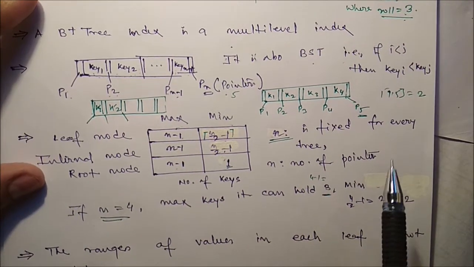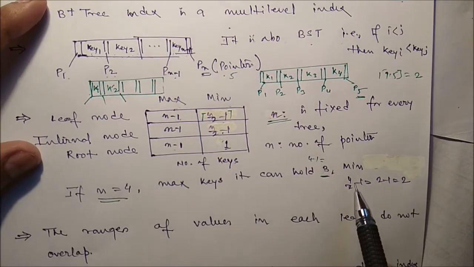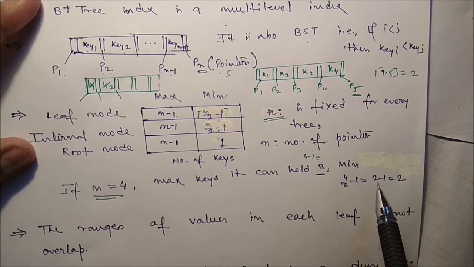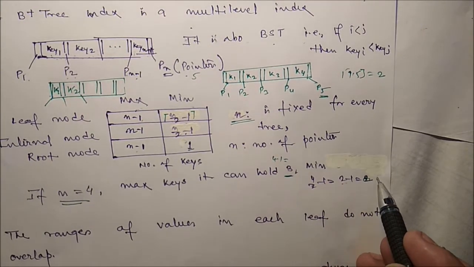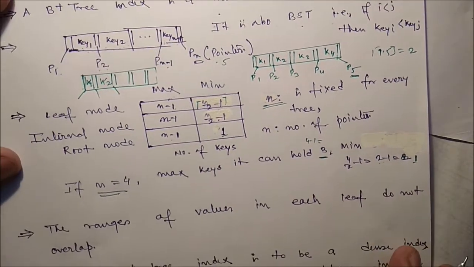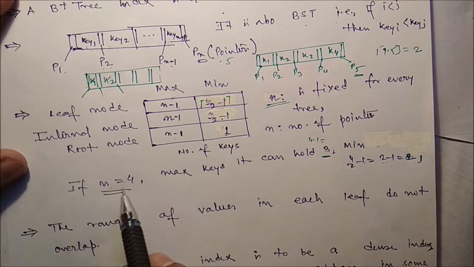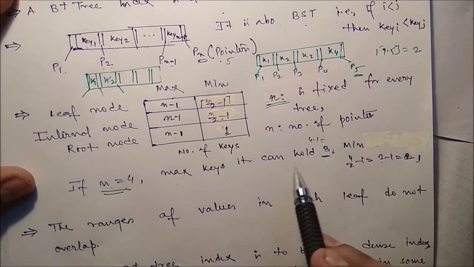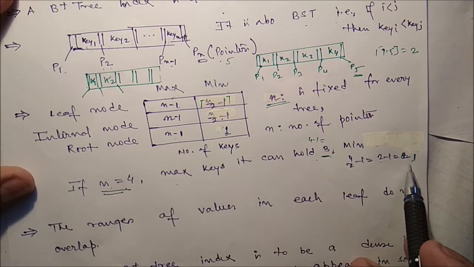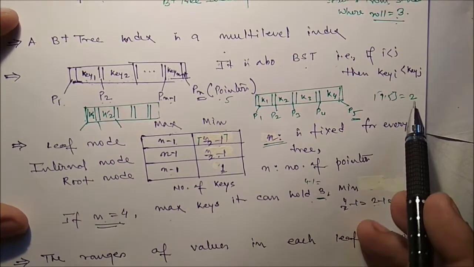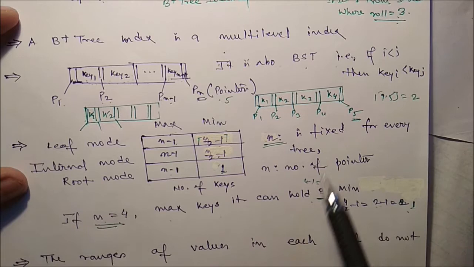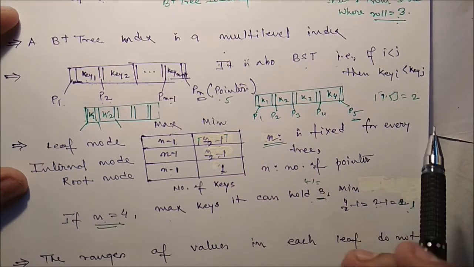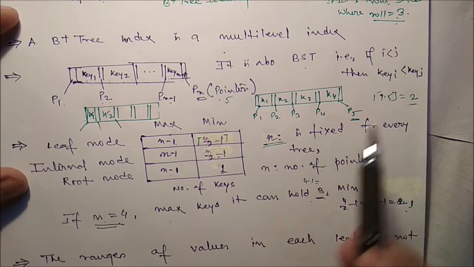And minimum will be n by 2 minus 1, so 4 by 2 minus 1, which is 2 minus 1, it should be 1. Are you getting it? So if n is equal to 4, maximum keys it can hold is 3 and minimum is 1. And if n is equal to 5, maximum it can store 4 keys and minimum it can store 2 keys.